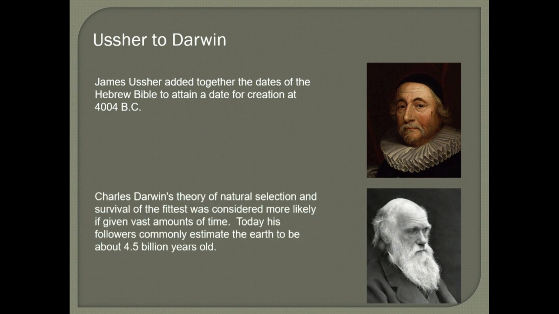What does Charles Darwin have to do with it? Well, from an archaeological perspective, he has had a massive influence. His theory of natural selection and survival of the fittest was considered to be more likely if you gave him vast amounts of time. Now, we would understand that to be incorrect, given things like the second law of thermodynamics.